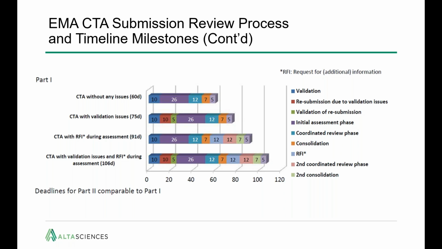If there are validation issues, it is resubmitted in 10 days, and a shorter time frame to validate, 5 days, is also used by the EMA. 45 days are allotted to the EMA for assessment, consolidation, and information review. All of this is detailed within this diagram, and you can see now that the timeline has been standardized, as I've said earlier, and is now as short as 60 days for CTA, overall EMA filing.